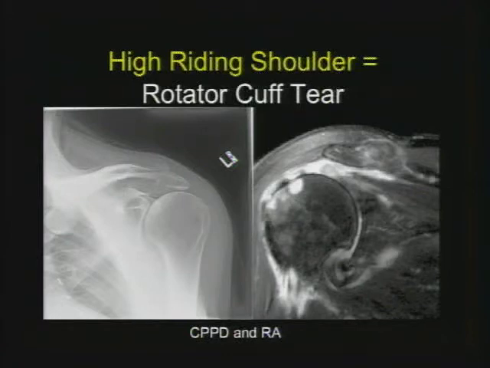But there are some arthropathies that are associated with that. And the two that we think about are CPPD, crystal disease, and rheumatoid. And you'll see the MR, and it shows you this big tear of the supraspinatus and all these cysts in the humeral head. It could be either in this case. If you have a lot of narrowing too of the glenohumeral joint, we think about both of these diseases.